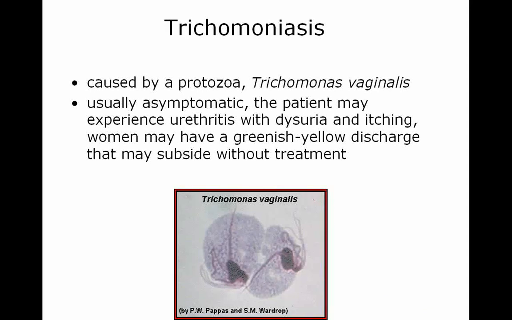But the thing about trichomoniasis is they may have the itching and the discharge and the painful urination, and then their symptoms will go away. It's not that they're cured by any means if they haven't had any type of treatment. It's just that the symptoms have gone away, but they're still actually infected with the organism. So that greenish yellow discharge may disappear, but it does not mean that the infection has really left the body.